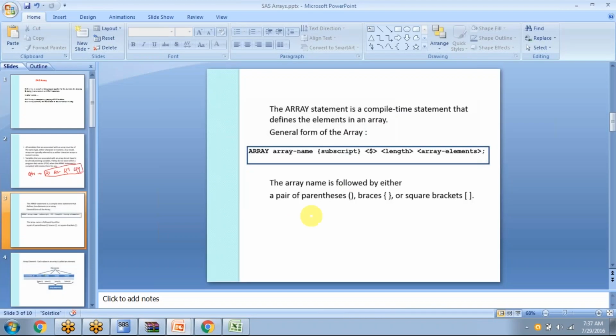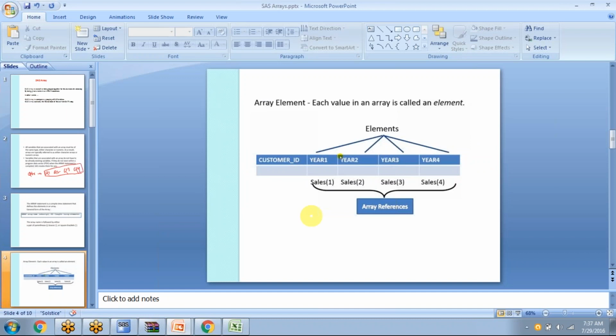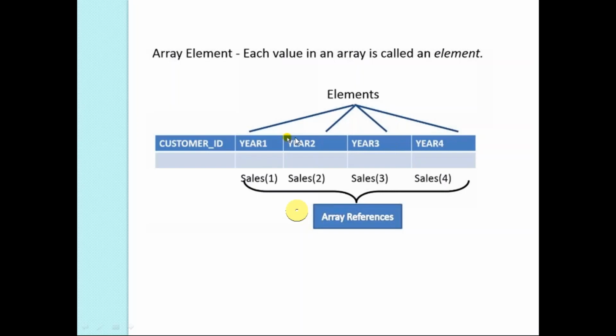Let me give you an example. Let's say you have created an array called customer ID, and in it you have stored the year 1 variable, year 2 variable, year 3 variable, year 4 variable.